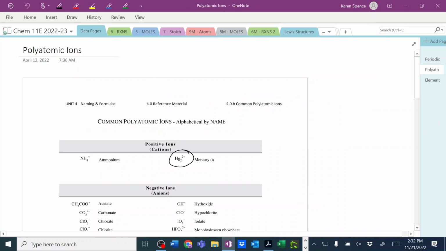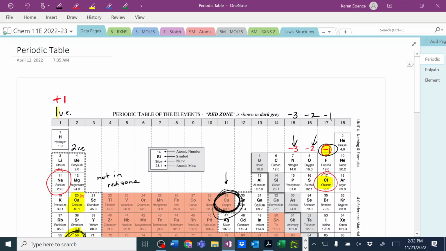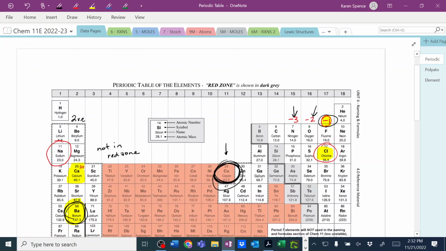Now, just before we go on, do you guys know how many valence electrons there are for every group? Yes? How many valence electrons in group 1? 1. How many in group 2? Now, what do we know about the transition metals? Can we draw Lewis structures for them?